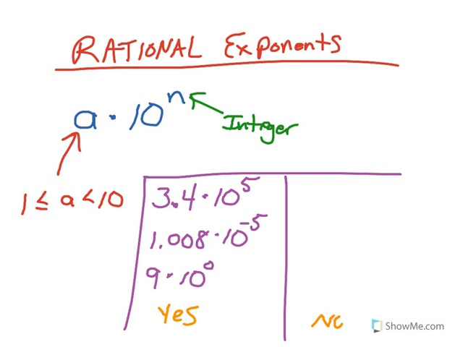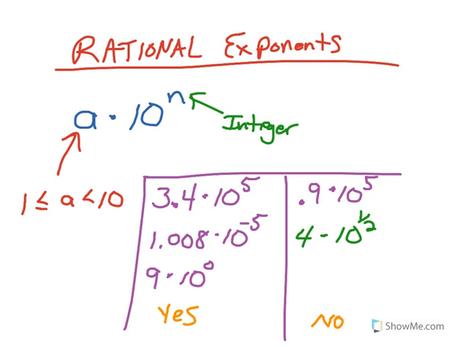These next three are not scientific notation. For example, 0.9 times 10 to the fifth. It's not scientific notation because the 0.9 is not at least 1. Another example, 4 times 10 to the 1/2.